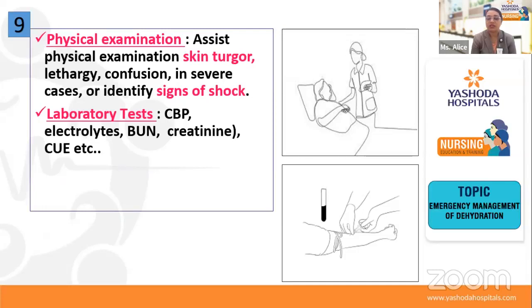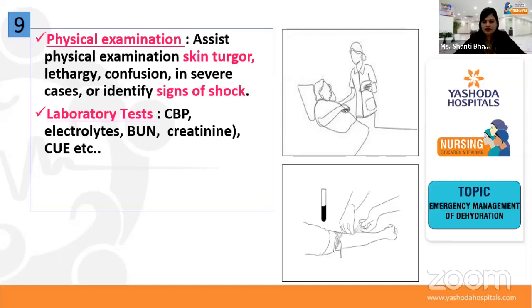In severe cases, we can identify the sign of shock. Laboratory tests include CBP, urea, electrolytes, creatinine. It's a must. If there are any critical values, they must be escalated to the doctor. So I think these are the very primary nursing interventions. A nurse must not forget and should do them back to back in terms of patient safety.